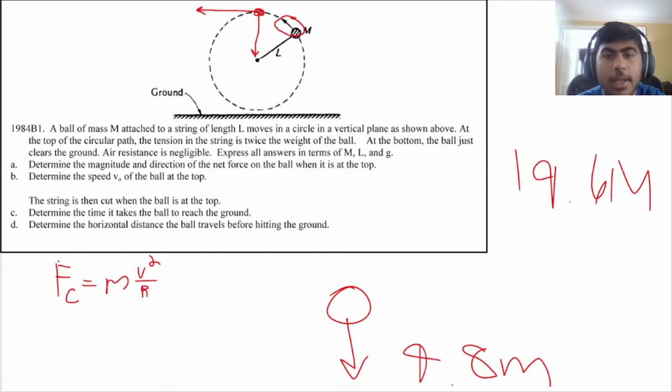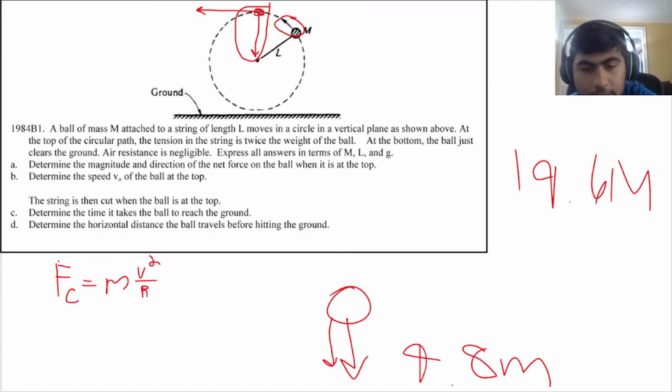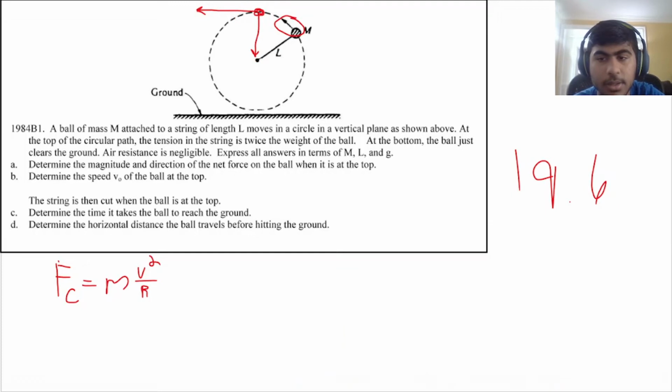If we look at our free body diagram, the one we drew with the ball at the top, we see that it's pointed straight down. That would be another 19.6 m. Even though it looks like it would be pointing up at the top, it actually is pointed down.